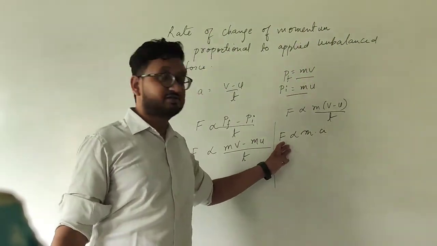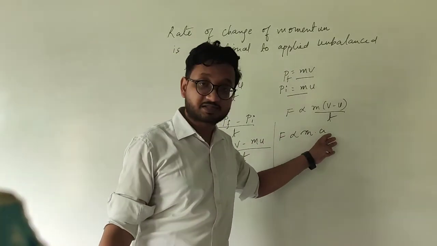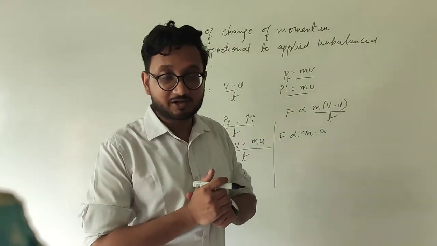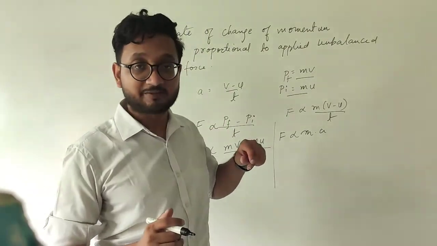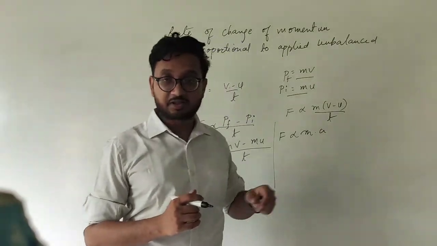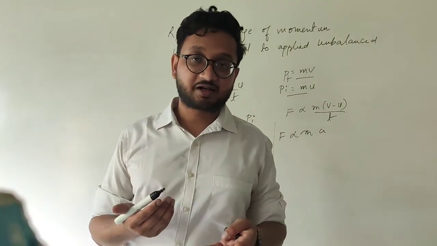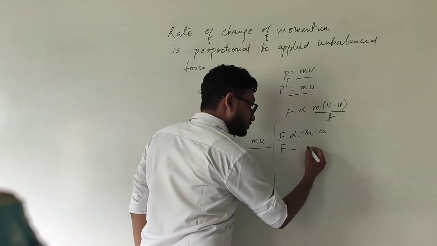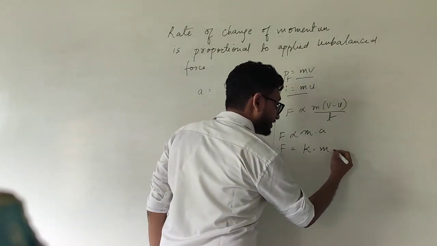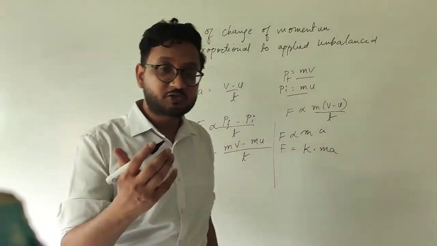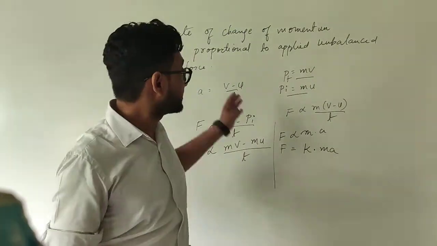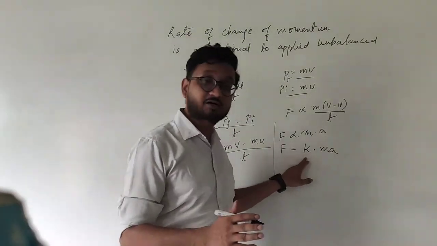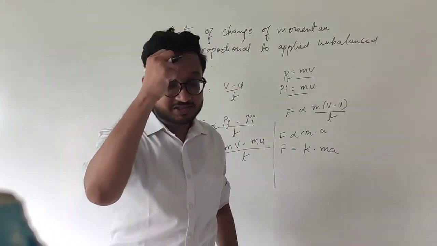You can define that mass into acceleration of the object gives me the force applied, or gives me the relation to the force applied. But this is not your mathematical calculation. Whenever you are converting a relation into mathematical formula, you always have a constant balancing the equation.